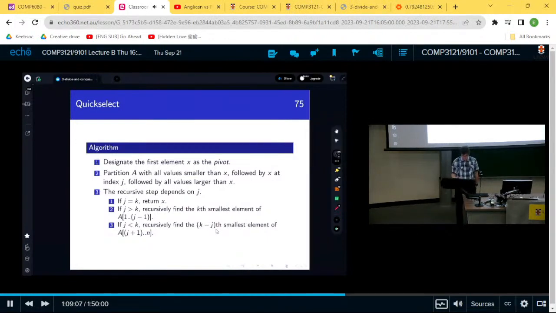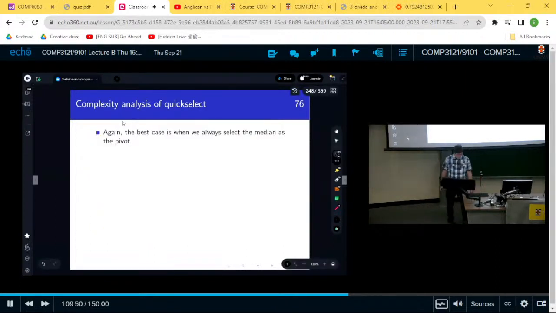So we have our pivot x, which we just chose as the first element of the array, and it moves into some position j. All the smaller elements are to the left, and the larger elements are to the right. If k is smaller than j, we'll find it in the left part of the array, and we only have to focus on that.